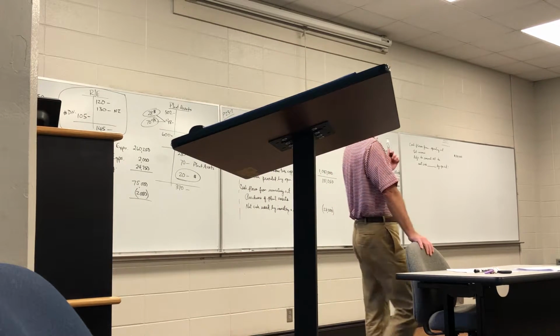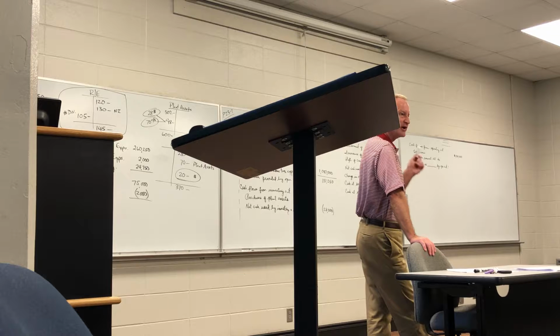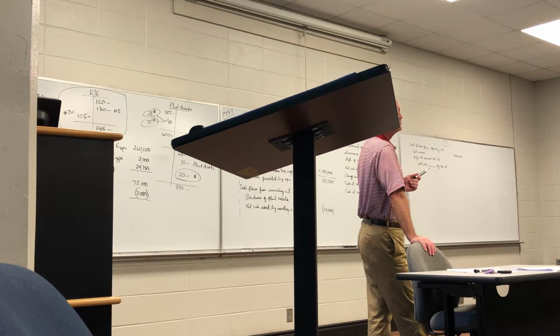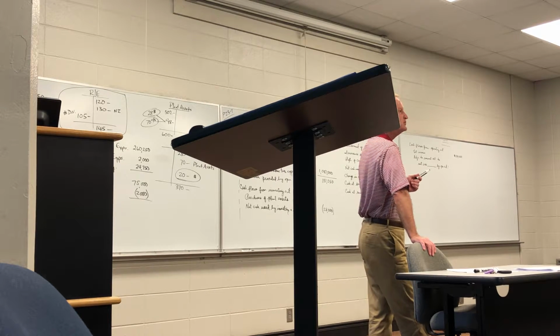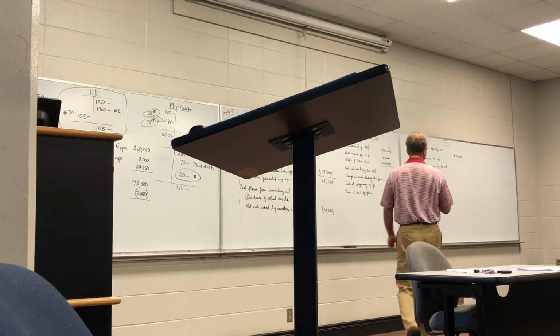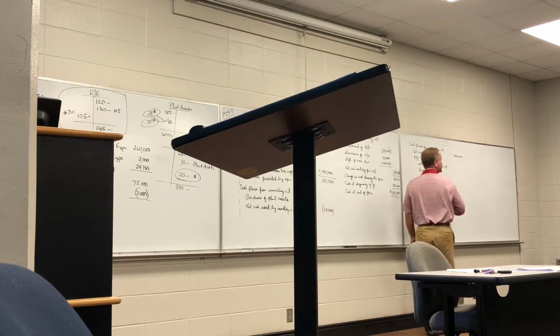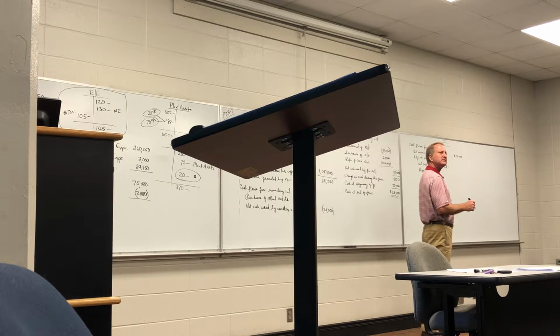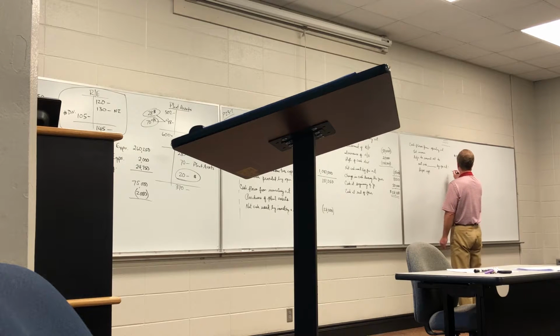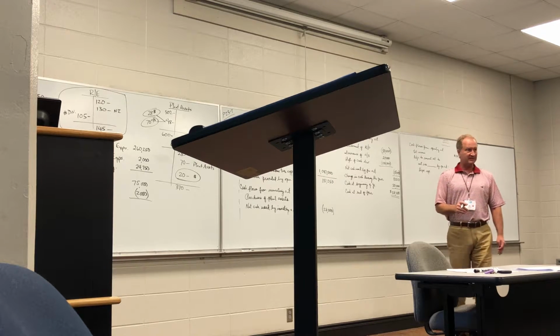Do we have any non-cash expenses on our income statement? Depreciation expense. It was 25,000. Now watch this. New column, new dollar sign. We're adding it back, so that's a positive number.